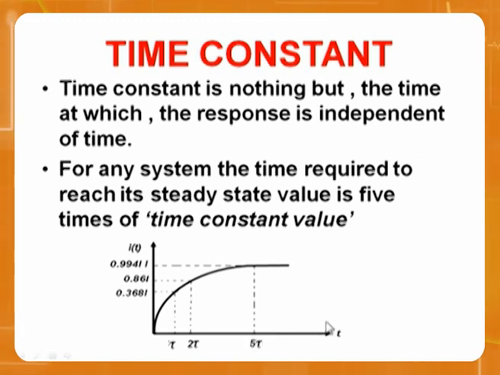After 5 tau, if you observe, for example, e power minus t by tau, in the place of t, if you substitute 5 tau, that becomes e power minus 5. E power minus 5 is almost 0 if you calculate mathematically. That means by the time it reaches 5 tau, it is almost reaching a steady state.